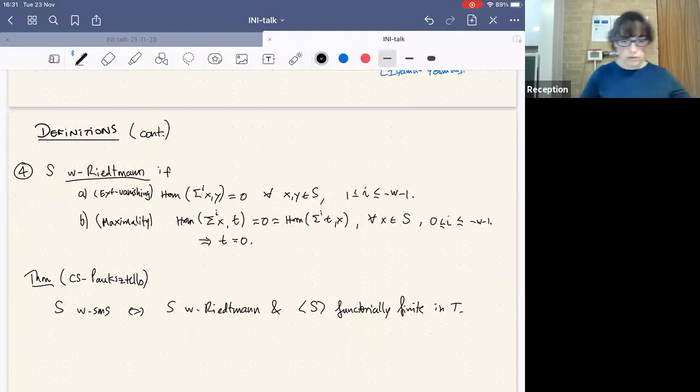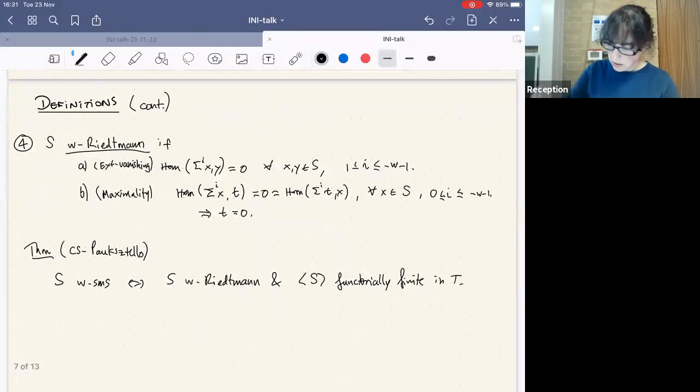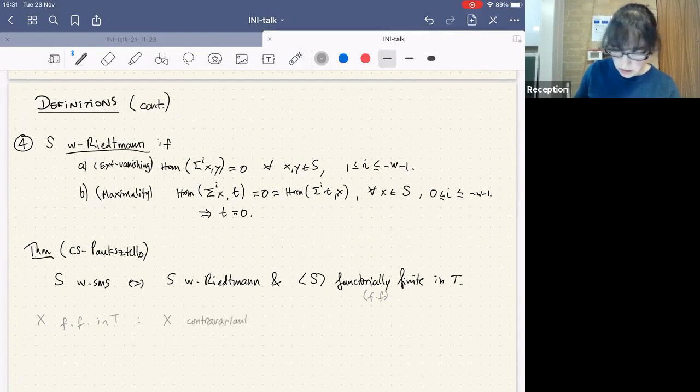So let me just remind you of this definition, functorial finiteness. I'll denote this by FF. So X is functorially finite in T if it's contravariantly finite and covariantly finite.